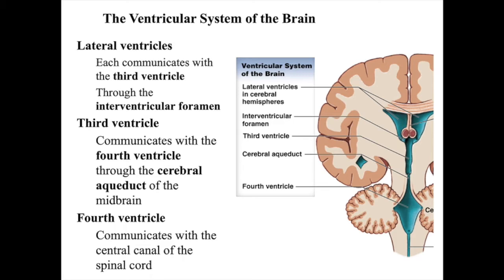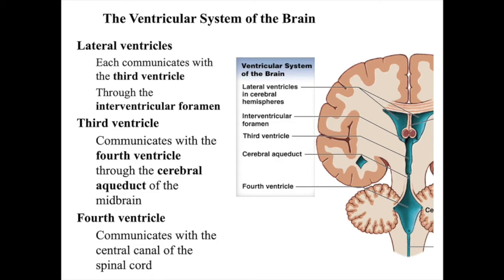The third ventricle communicates with the fourth through a structure called the cerebral aqueduct. And the fourth communicates with the central canal.